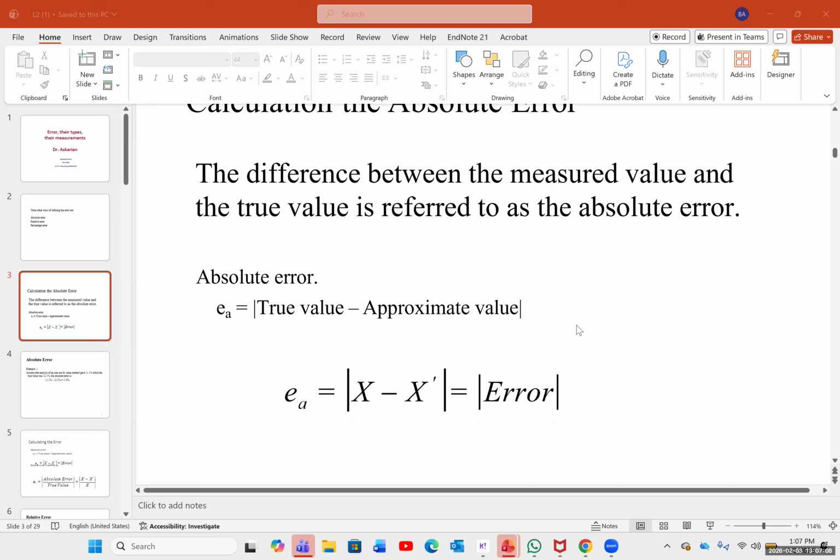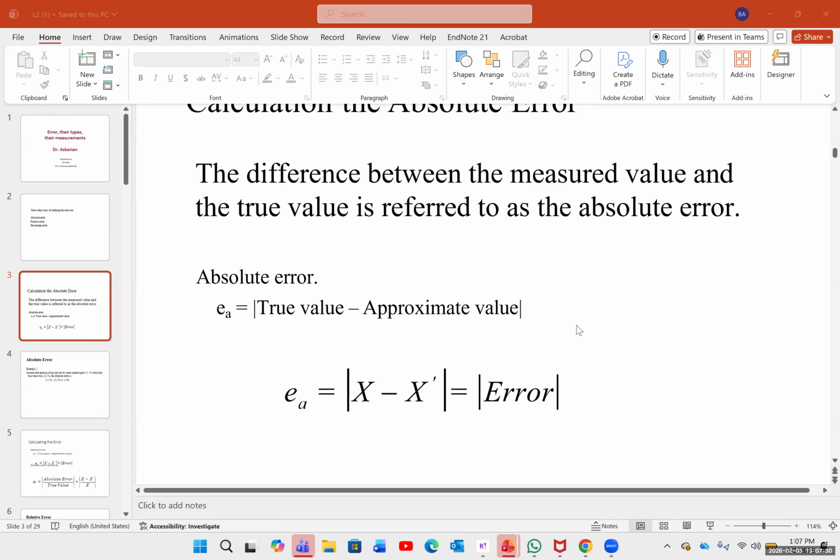Now, as you may recall from the previous class, the true value means the value that we know is 100% accurate. How do we measure that true value? By measuring hundreds of times, for example, or tens of times, and getting an average for that.